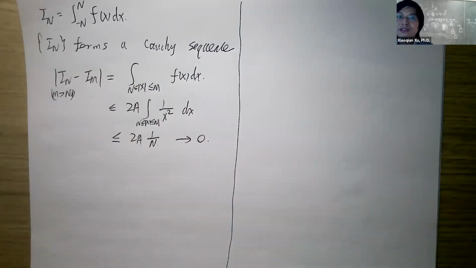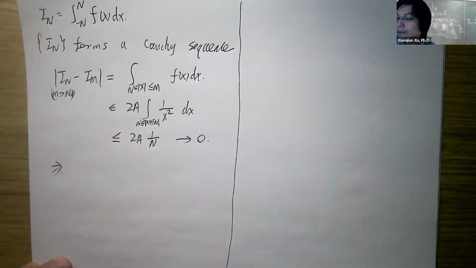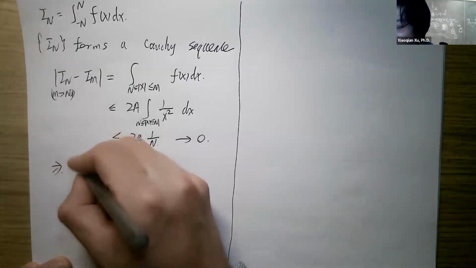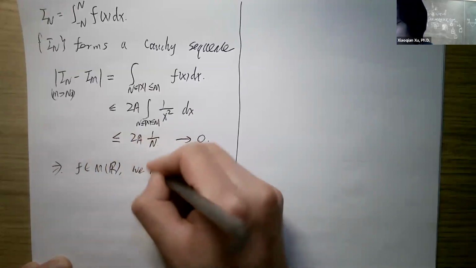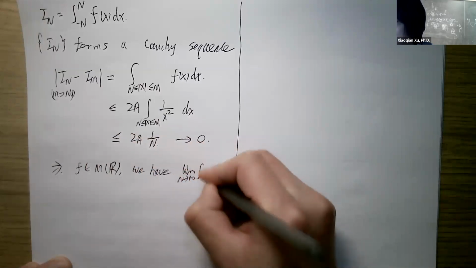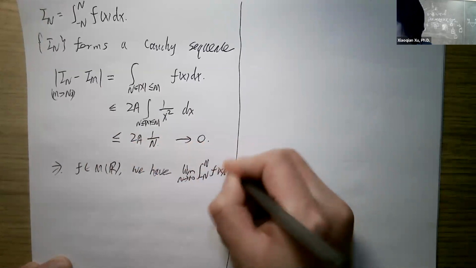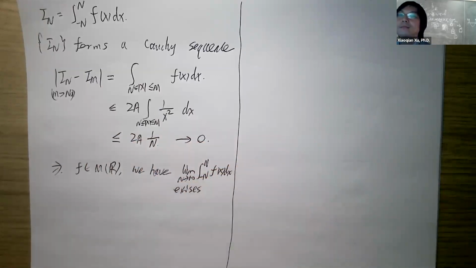So I_n forms a Cauchy sequence, so we know that at least for this family of functions, we have that the limit as n goes to infinity of the integral from minus n to n of f(x) dx exists. Okay.